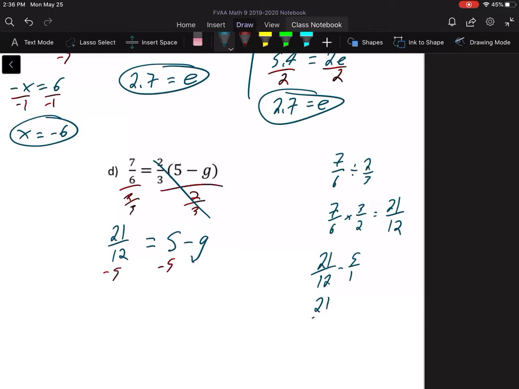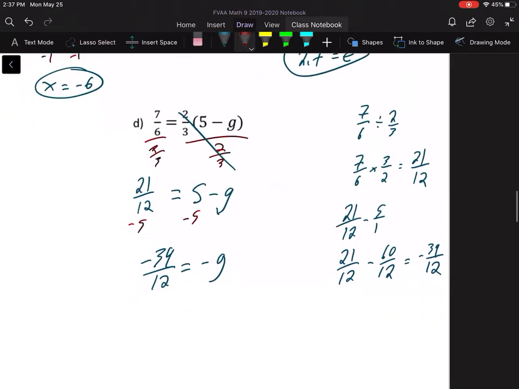So 21 over 12 minus 5 times 12 is 60 over 12, which gives me negative 39 over 12. So this gives me negative 39 over 12 is equal to negative g.